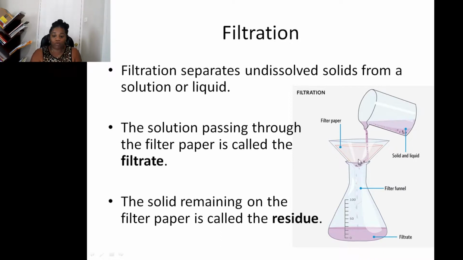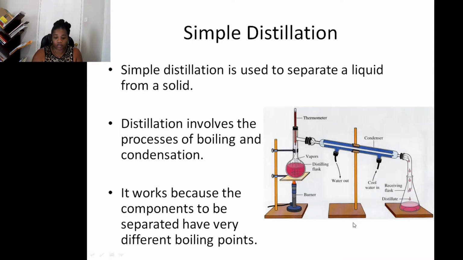The filter paper will block the solids from passing through it, and the liquid will be able to pass through the small pores of the paper, and the liquid that is collected in the collecting vessel is referred to as the filtrate.